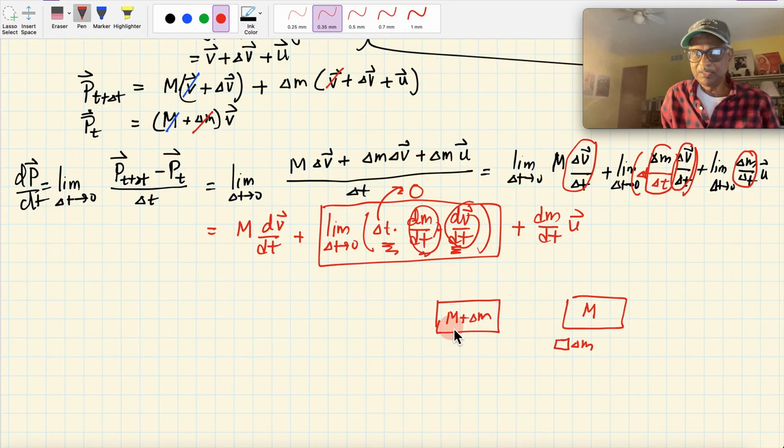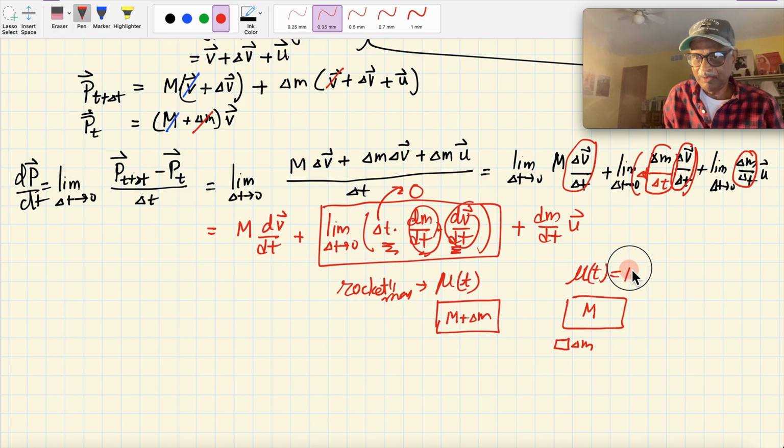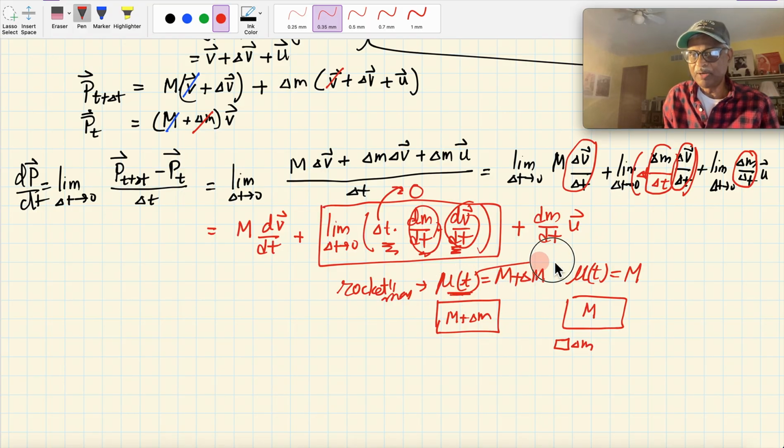But you can see if I define the mass of the rocket, let's call it mu, then mu at t will be m plus delta m, and afterwards it will be m. So you can see that the amount of the rocket's mass actually went down.